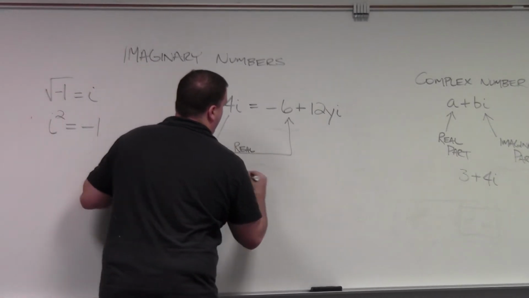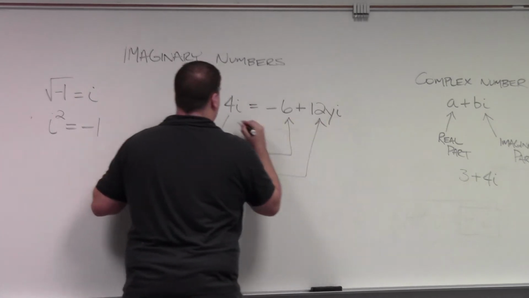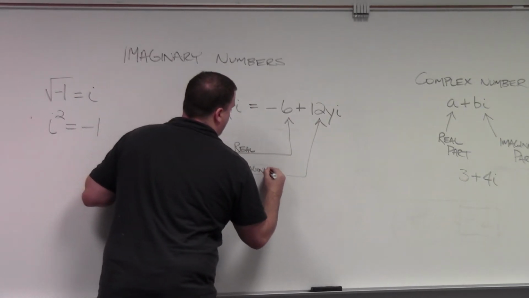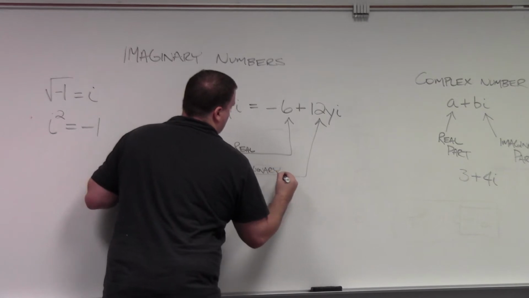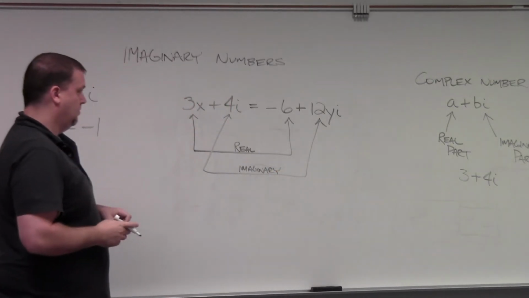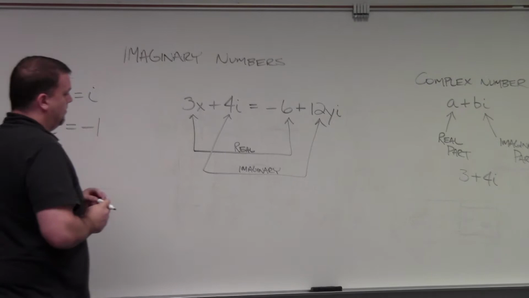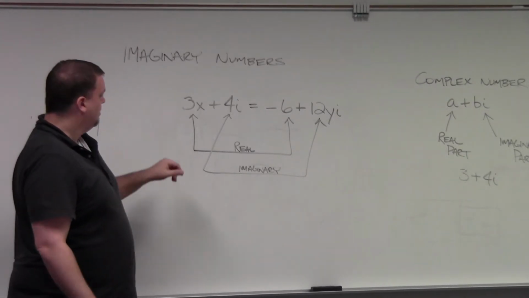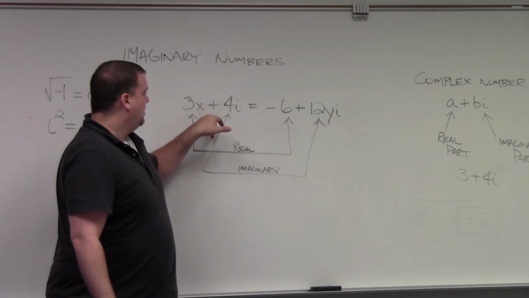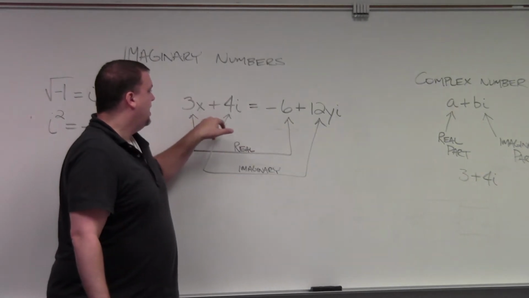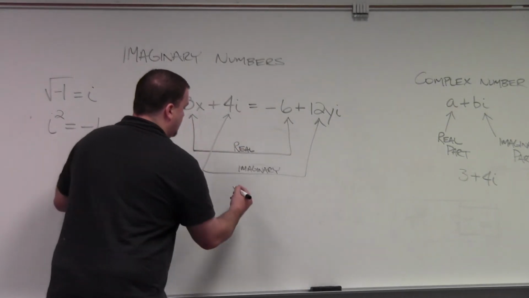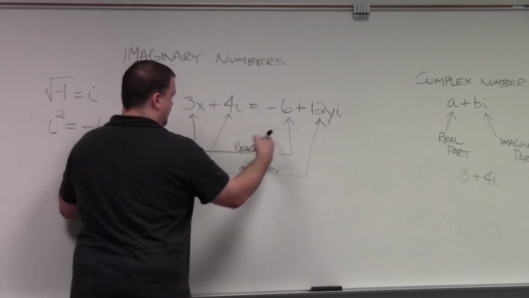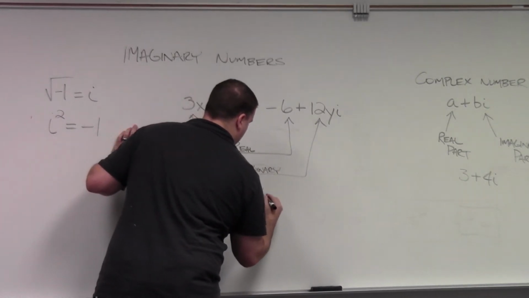And the imaginary parts have to be equal. So I can set up two equations here. The real has to be equal to the real part. So 3x has to be equal to negative 6.